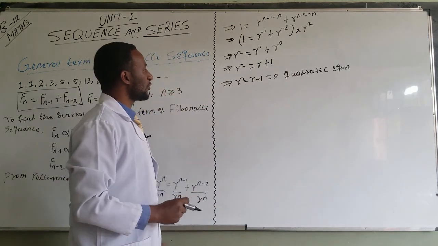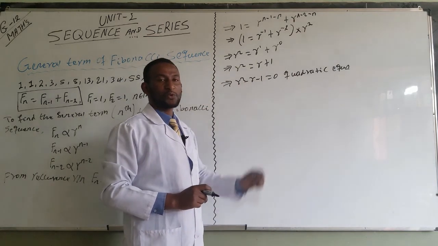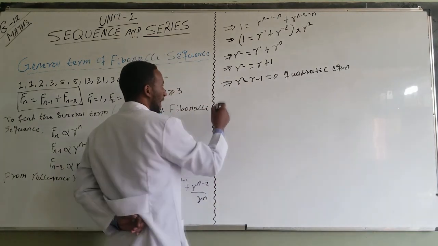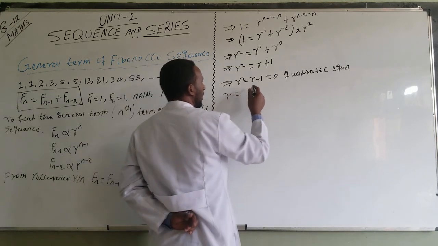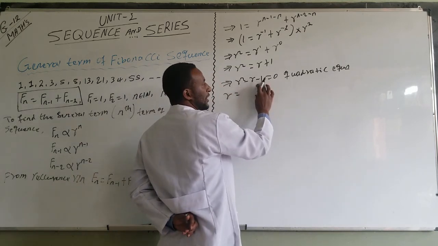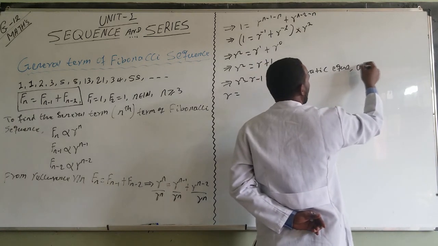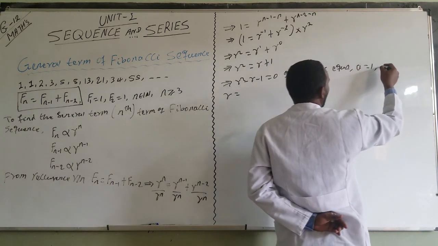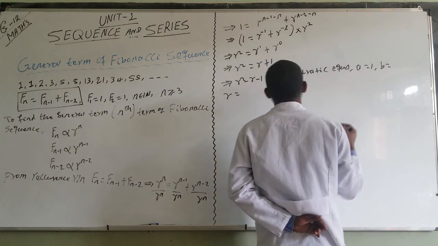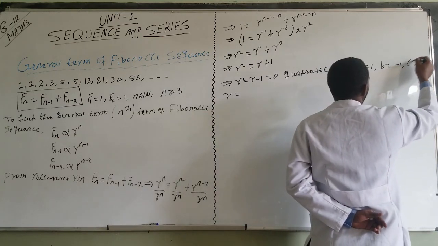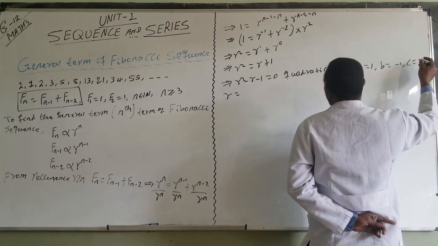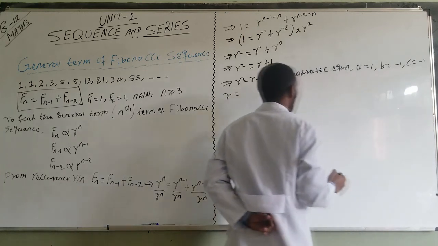Then we can solve for r by using the quadratic formula. In this quadratic equation, the value of a is the coefficient of r square, 1, the value of b is the coefficient of r, minus 1, and the value of c is the constant, minus 1.